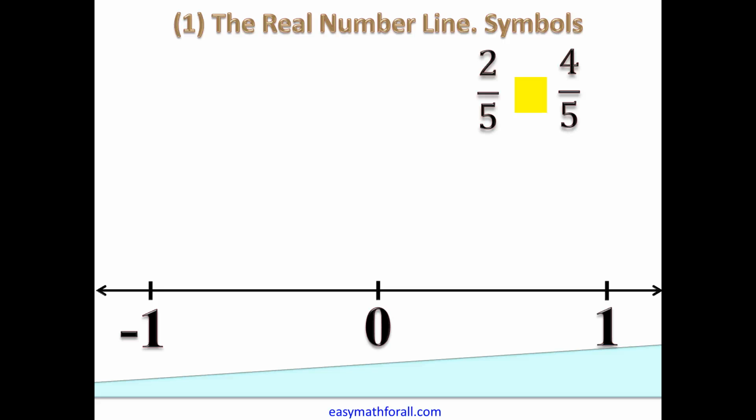For convenience, we divided each unit into 5 parts since the denominator is 5, and show scale in fractions 1 over 5, 2 over 5, 3 over 5, 4 over 5, and so on.